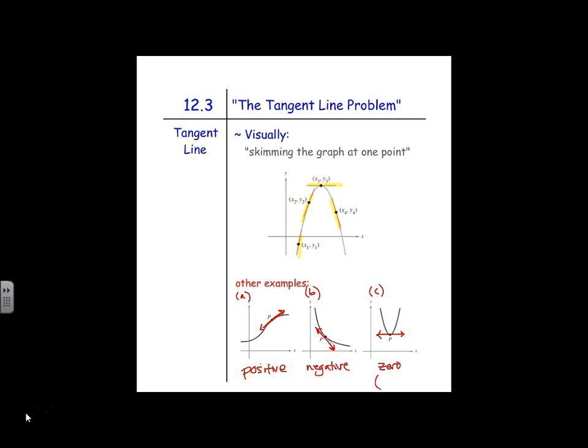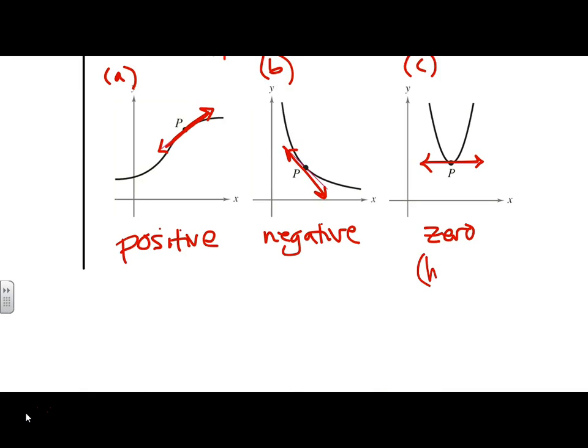0 slope is when we have what we would call a horizontal tangent line. Technically, it'll come back that we'll call those HLTs.